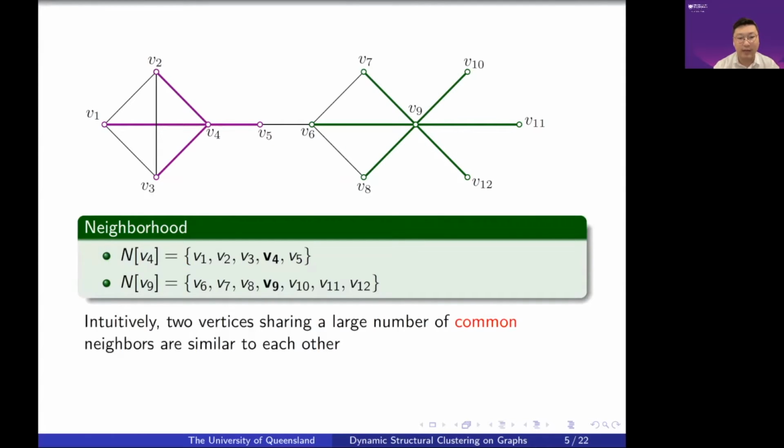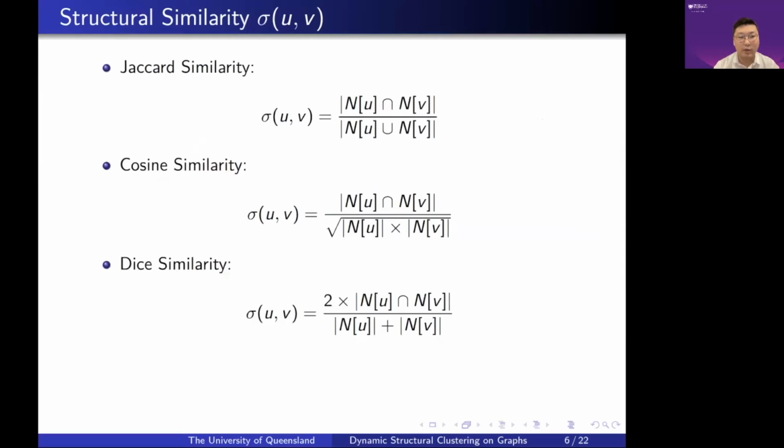By intuition, if two vertices share a large number of common neighbors, they tend to be similar to each other. But how can we measure how similar two vertices are? We use structural similarity sigma(u,v) in structural clustering.